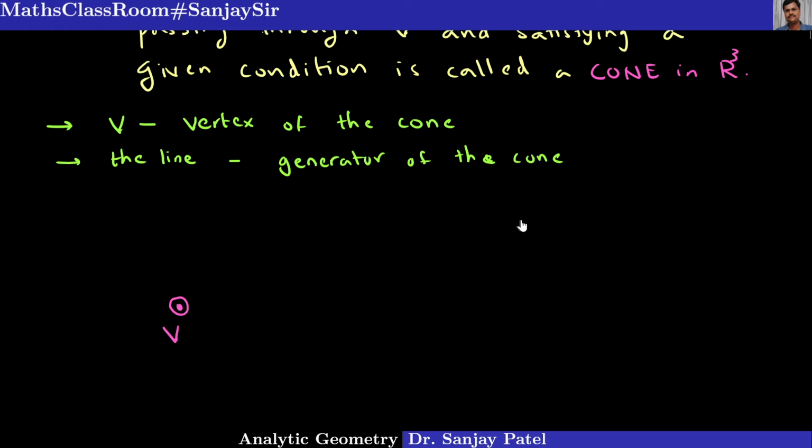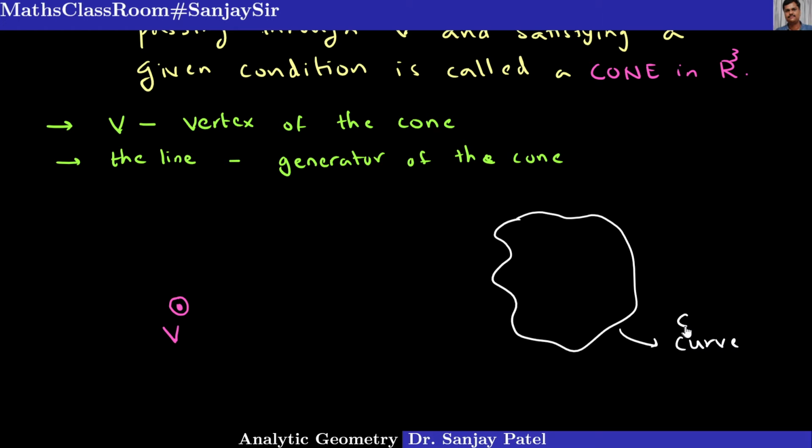Suppose that curve is something like this, say the curve C, and now I consider a line which is passing through this point V and intersecting the given curve. Remember, this curve is not in the plane, it is in the space. This line is intersecting at this point, and it is a variable.